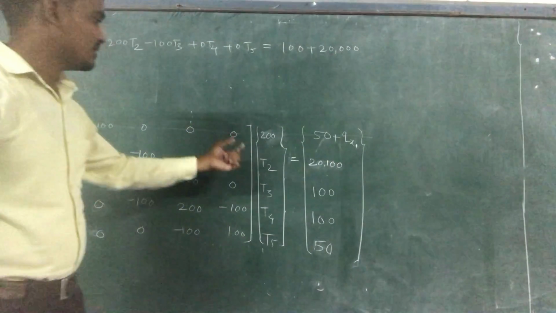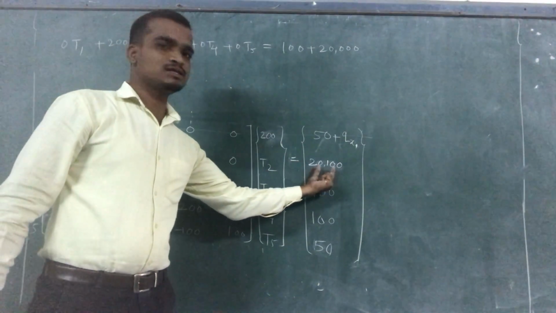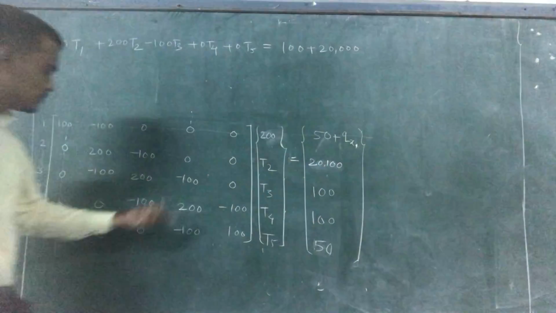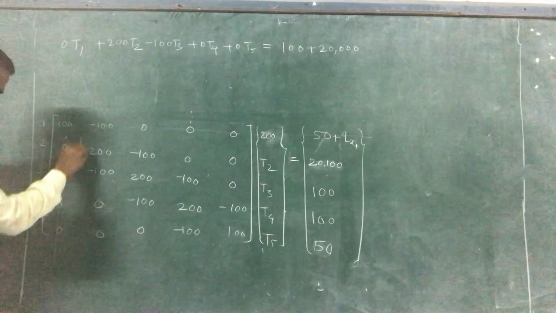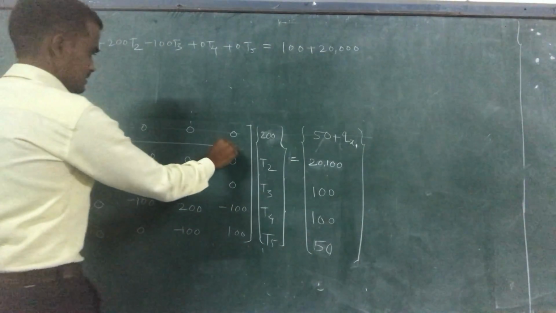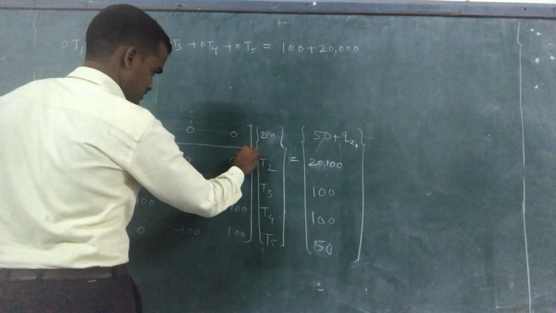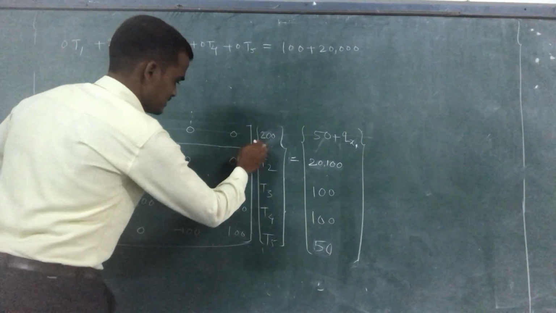In this way we have transferred our first value to the RHS. Now you can solve these 4 equations.